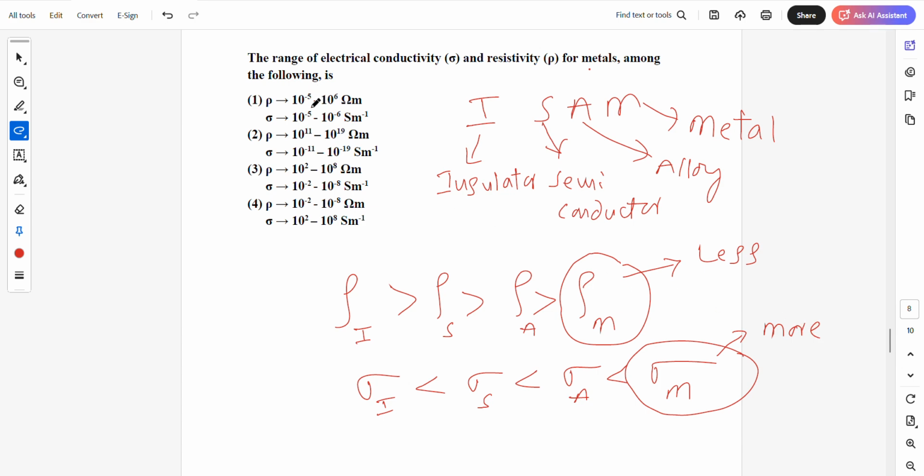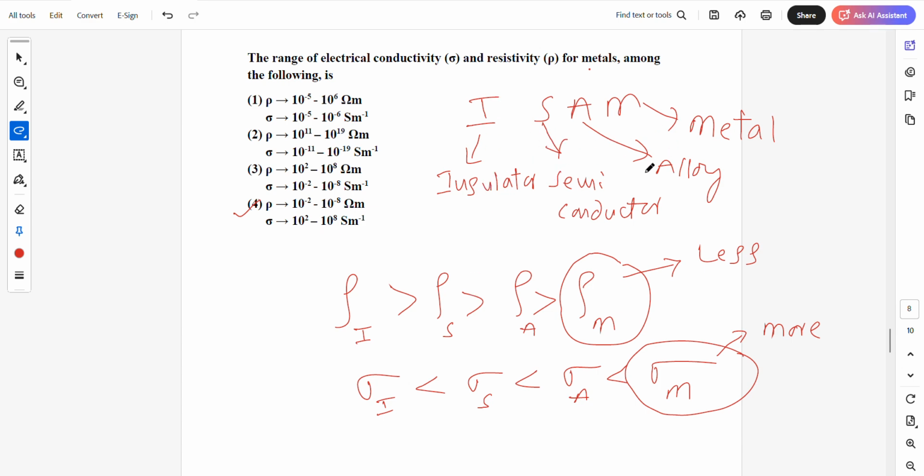Which is the right answer here? Conductivity should be more. Where is conductivity more? Here. Where is resistivity less? This is the right answer. Just remember I SAM.